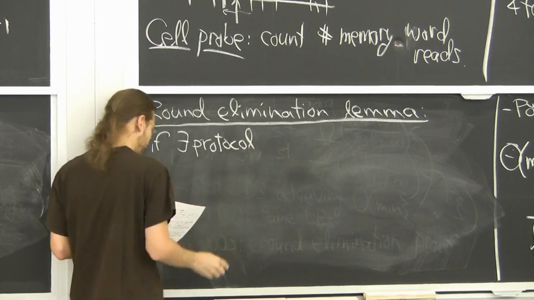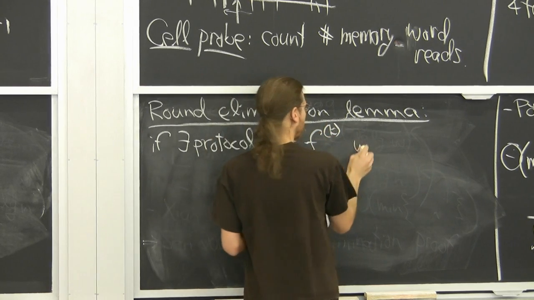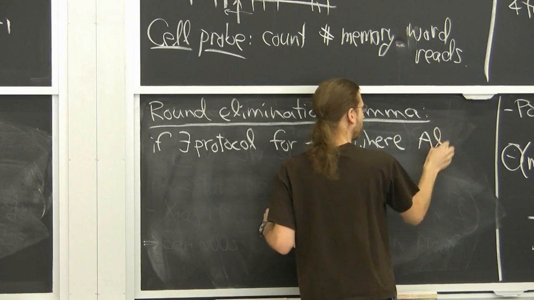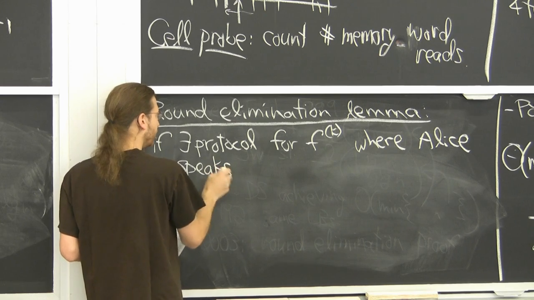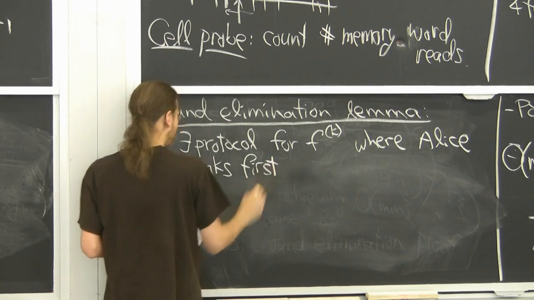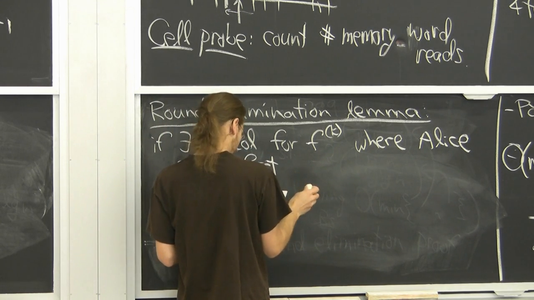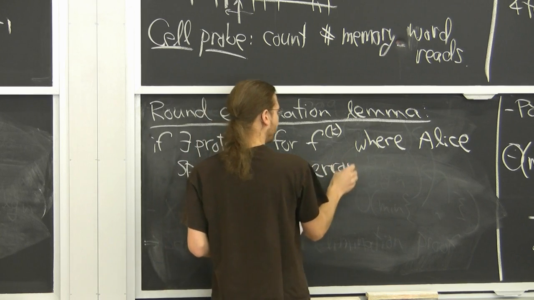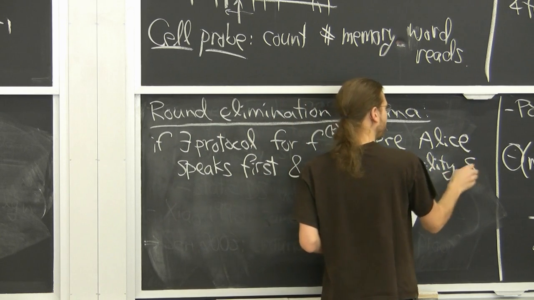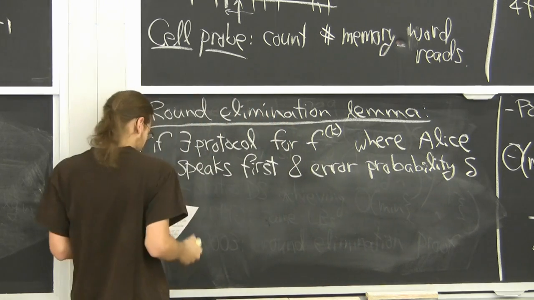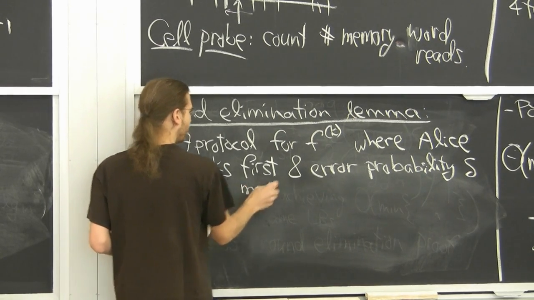This again works for any function f. So if there's a protocol for this f to the k problem, and Alice speaks first, then that first message is going to be roughly useless. So let's suppose it has error probability delta. So there's some probability it gives the wrong answer. And let's suppose that it uses m messages.